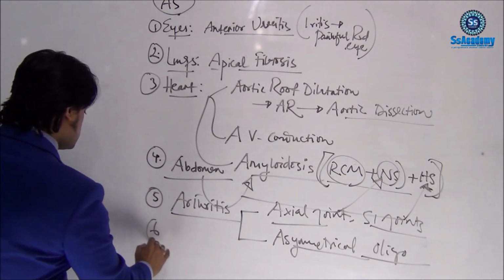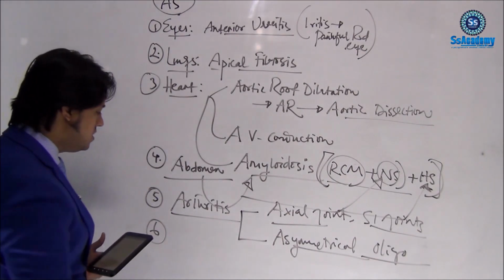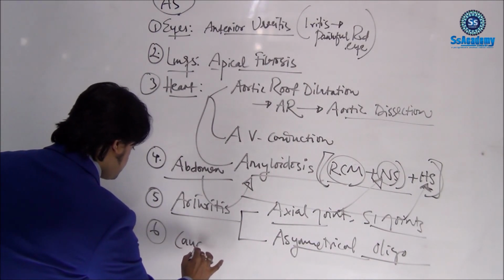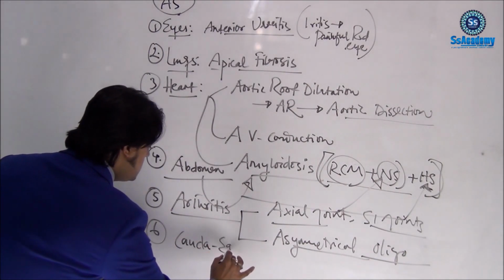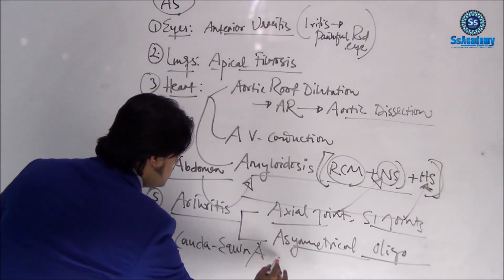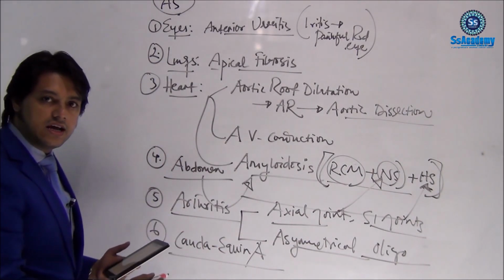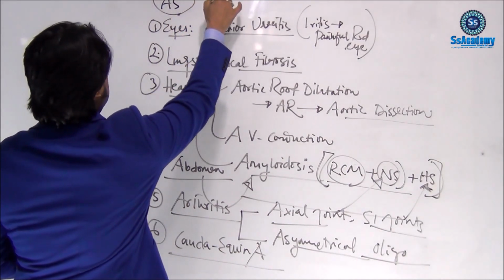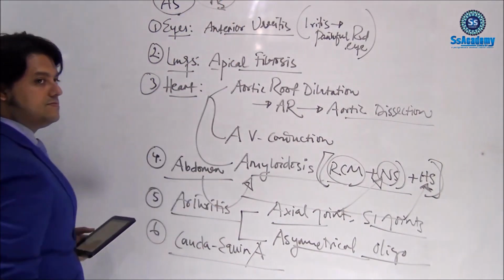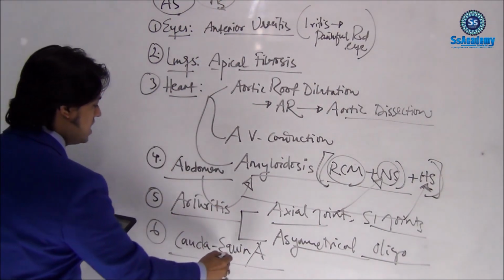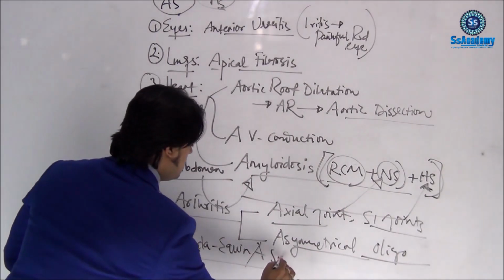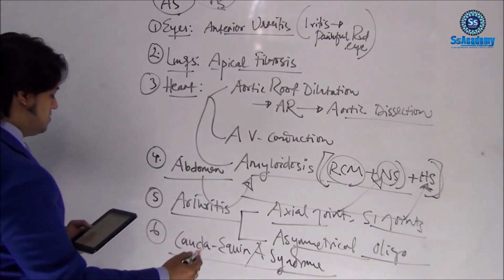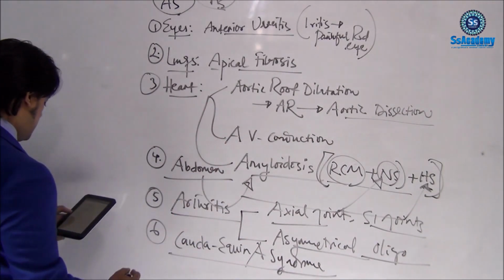Next, number 6, go down. It will be helpful. A means the cauda equina. You just write the block letter A. It will be helpful to remember the rule of A. Once again, it is helpful to remember the cauda equina syndrome, which is an important feature of ankylosing spondylitis.